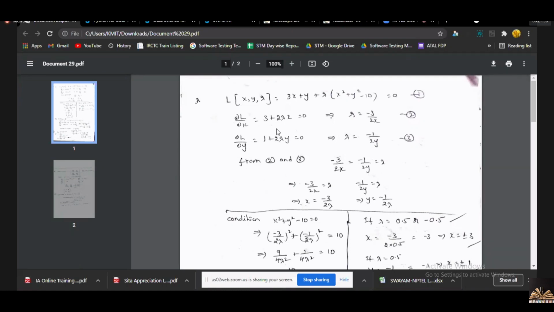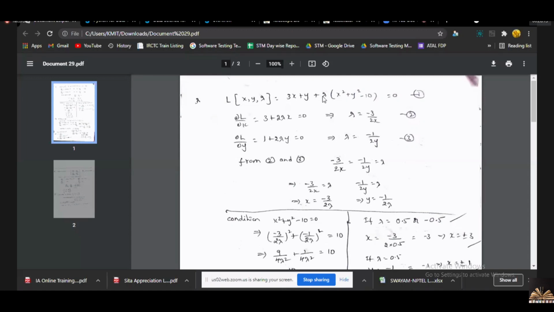If you consider f of x comma y, the objective function 3x plus y, what will be the first derivative with respect to x? Only 3 we will get. And what is the first derivative of the constraint with respect to x? We will get 2x.